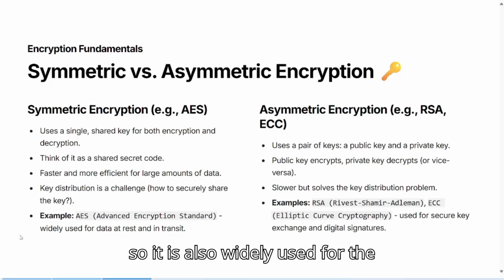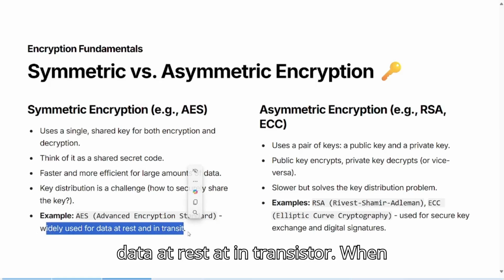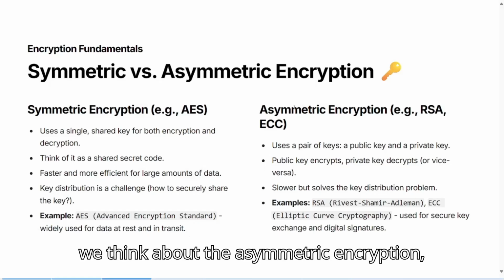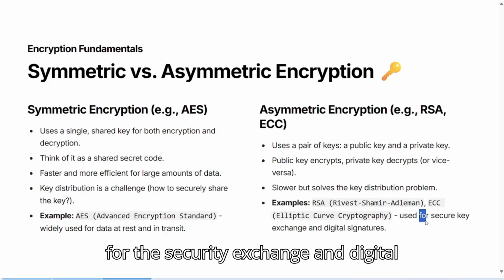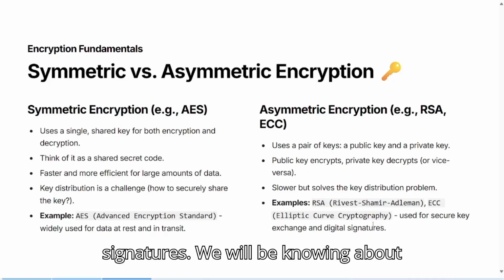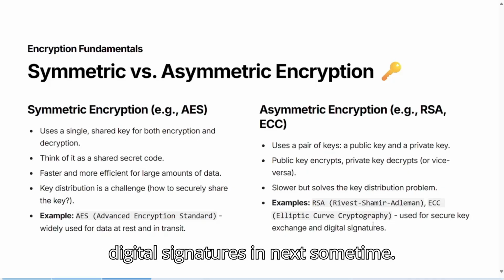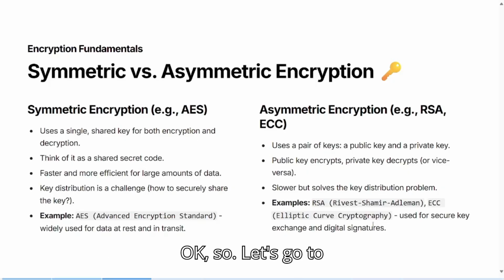It is also widely used for data at rest and in transit. Asymmetric encryption is used for secure key exchange and digital signatures. We will learn about digital signatures shortly. So let's go to the next part.